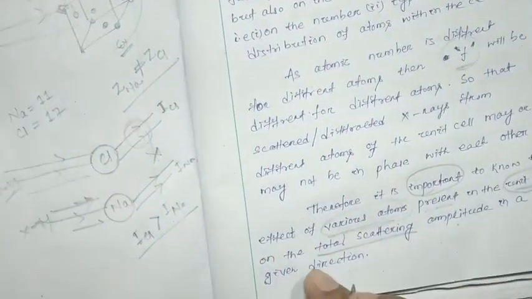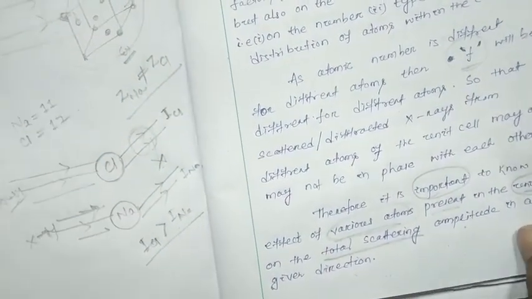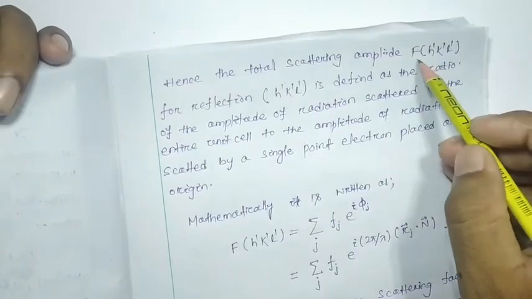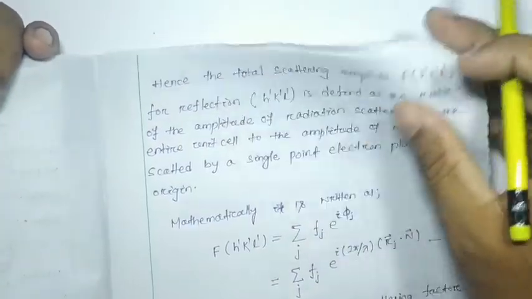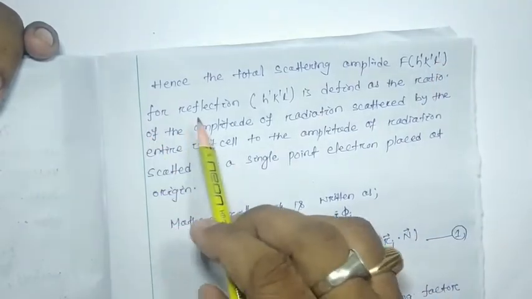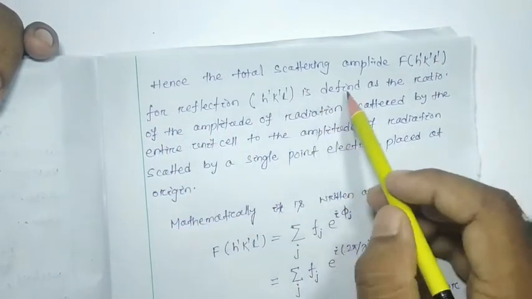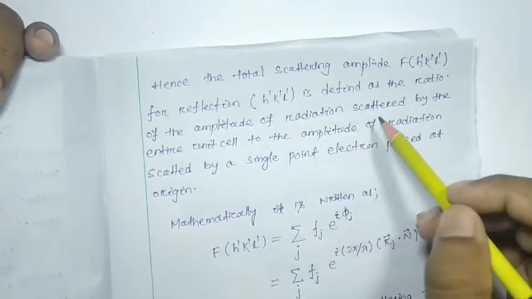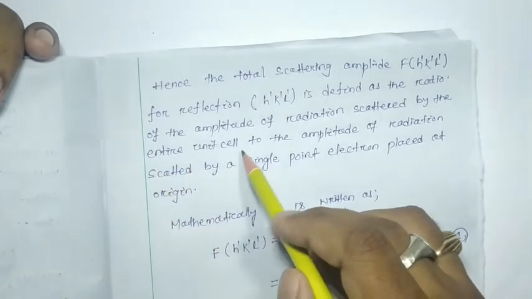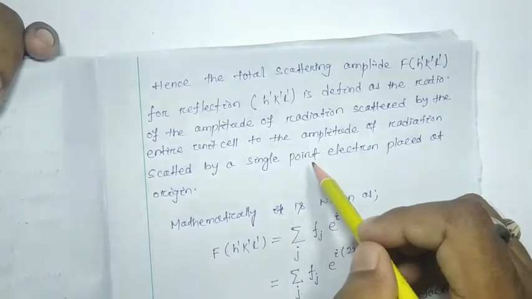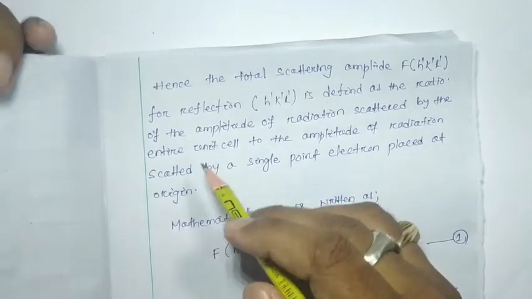So hence the total scattering amplitude F, written as capital F H dash K dash L dash, for reflection H dash K dash L dash is defined as the ratio of the amplitude of radiation scattered by the entire unit cell to the amplitude of the radiation scattered by a point electron placed at the origin.